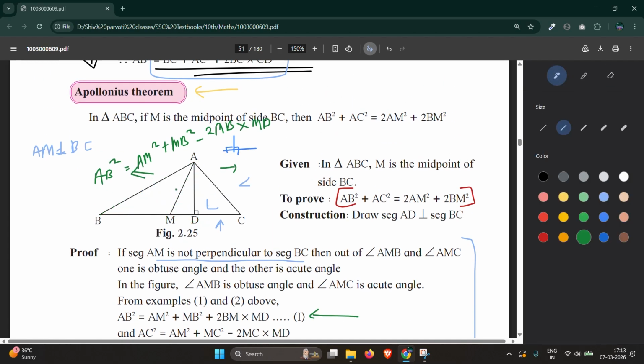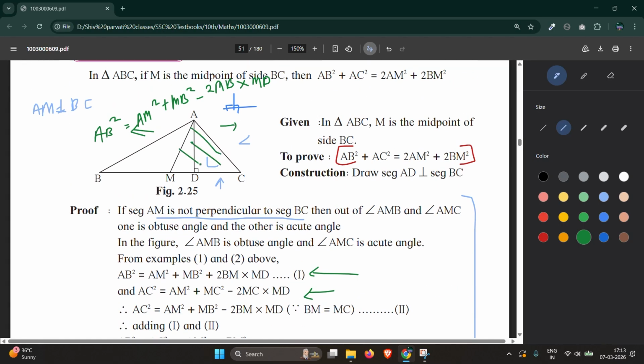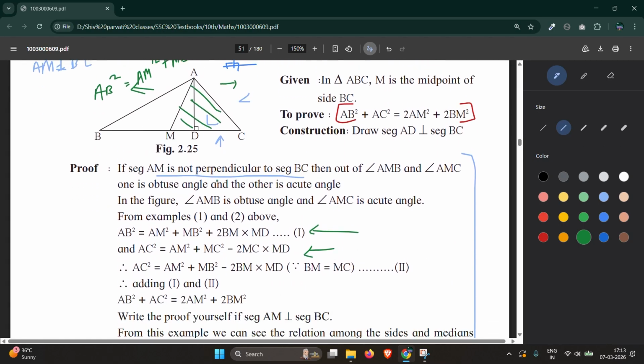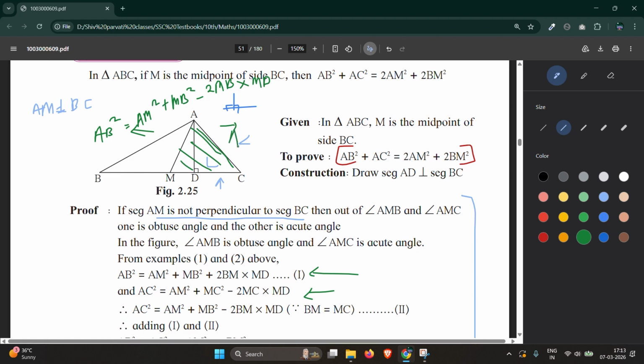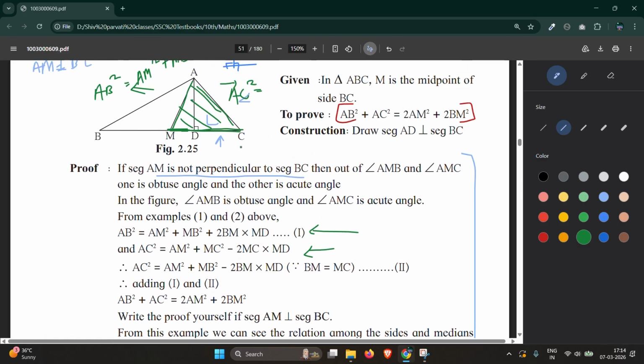And once you do that, we write this for the other side of the triangle. So for this, AC squared is equal to AM squared plus MC squared minus 2 times MC into MD. Again, this is the very same result, but for this triangle.